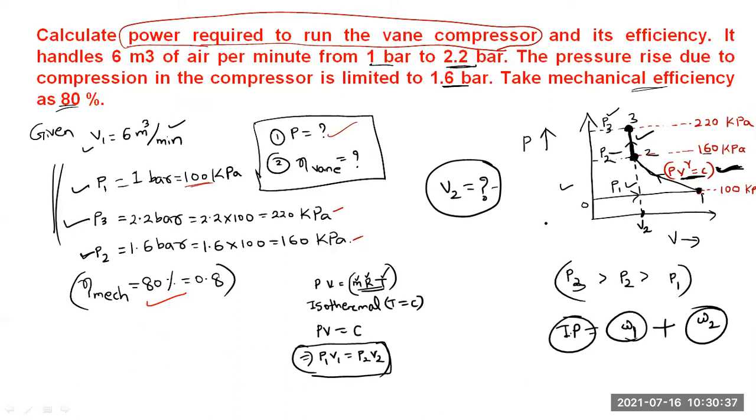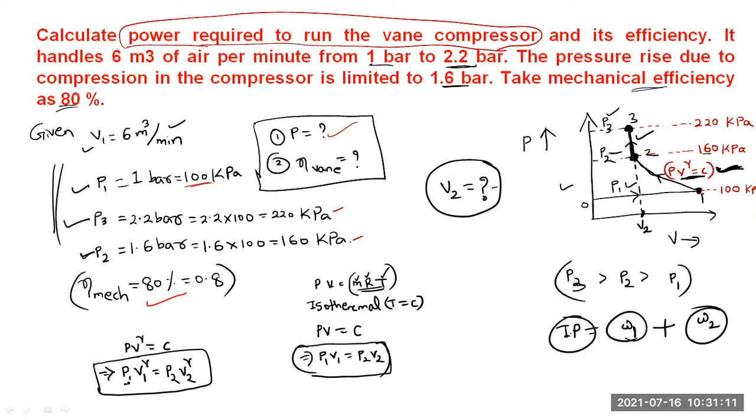So for point 1 to point 2, since PV to the power gamma equal to constant, we can write P1 V1 to the power gamma is equal to P2 V2 to the power gamma. This formula we can apply.